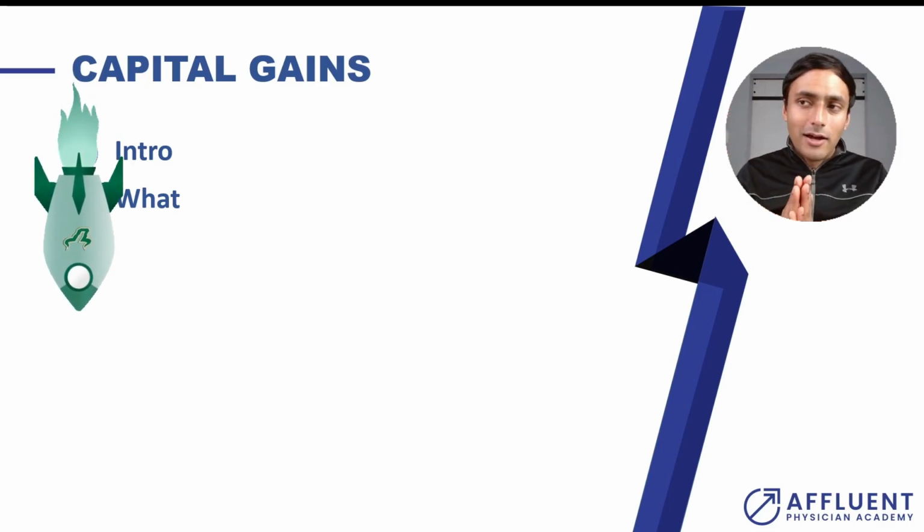And capital gains are sometimes referred to as the most efficient tax to pay in some circles. But again, this is not tax advice or financial advice, but something to know and keep in mind.